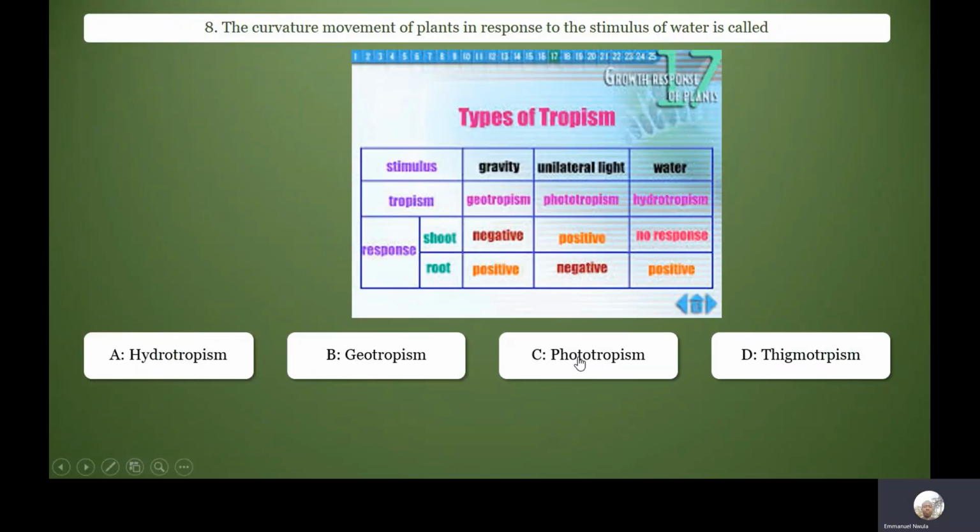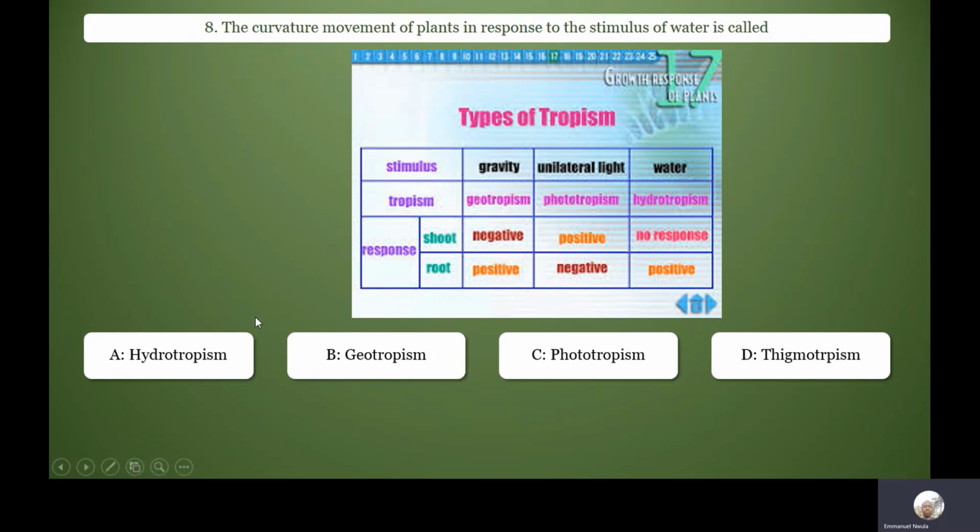The curvature movement of plants in response to the stimulus of water is called hydrotropism. When you talk about water, it's hydrotropism. Remember, phototropism is about the movement of parts of a plant in response to a directional stimulus, a stimulus coming from one direction.